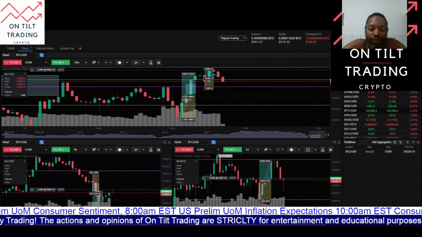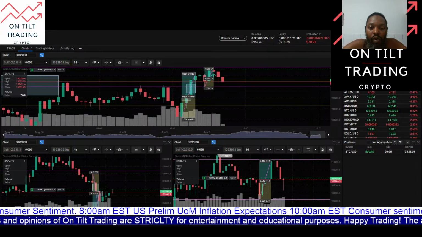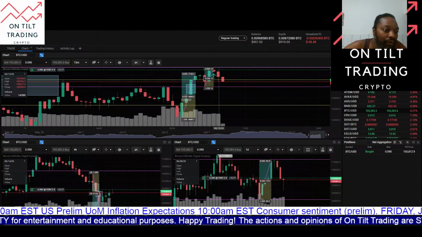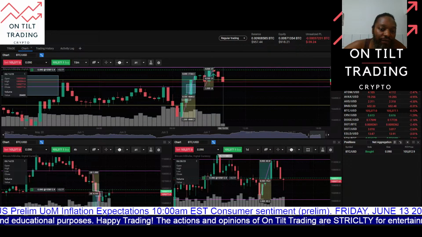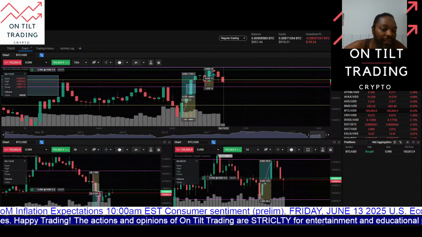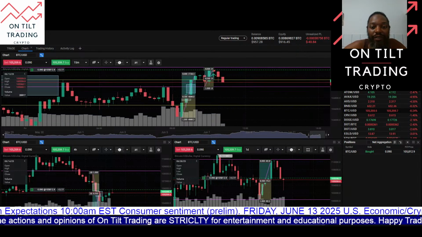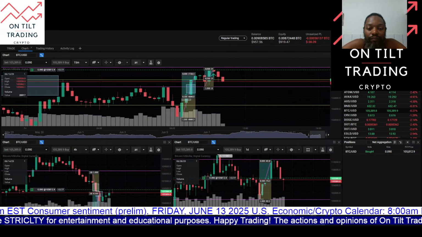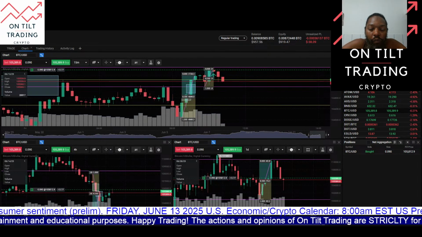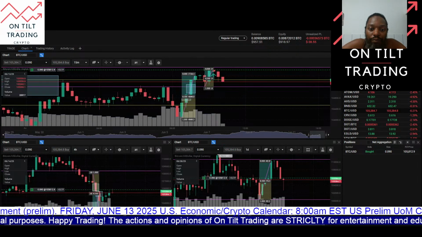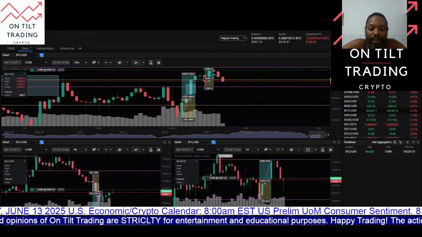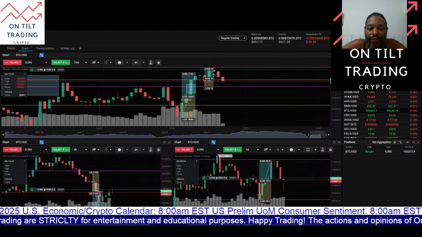Liquidity may be being swept here. 105.3774, 105.3777. So this is trading lower. And this could also potentially be setting another order block.